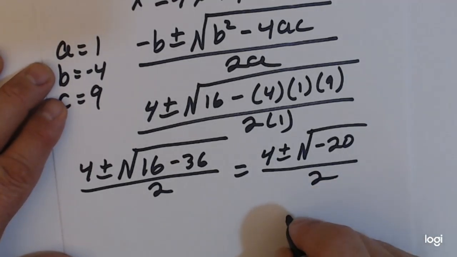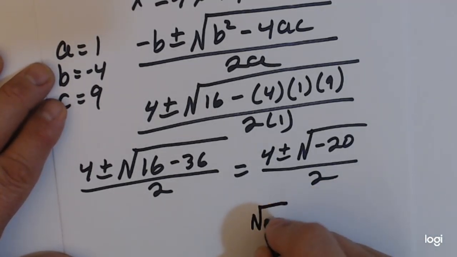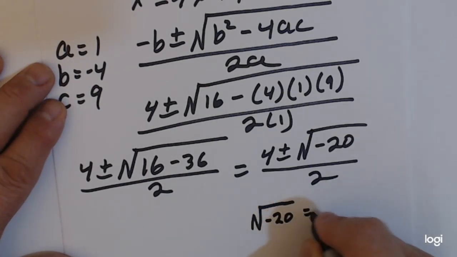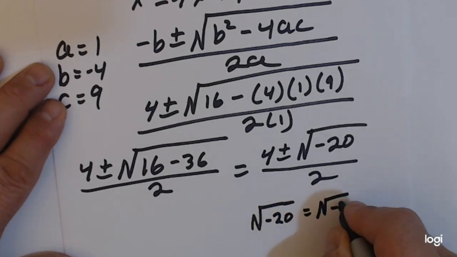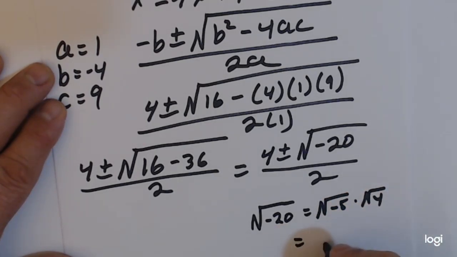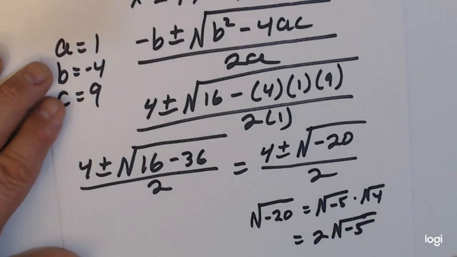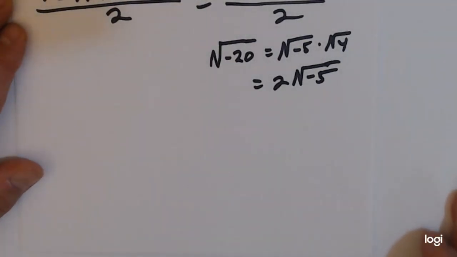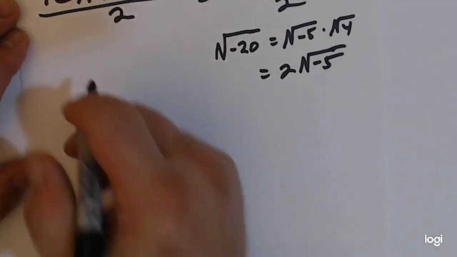So negative 20 is equal to the square root of negative 5 times the square root of 4, which is going to be equal to 2 times the square root of negative 5. So let's get that written up here.